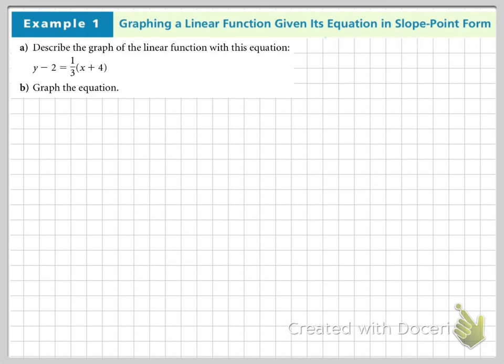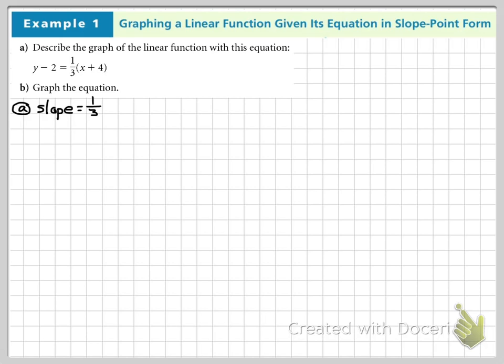In example 1, describe the graph of a linear function with this equation. Here we have an equation in our slope point form. So first of all, let's look at it and ask, what's the slope? Well, the slope is 1 over 3. Now I want to know, what's a point on the line?